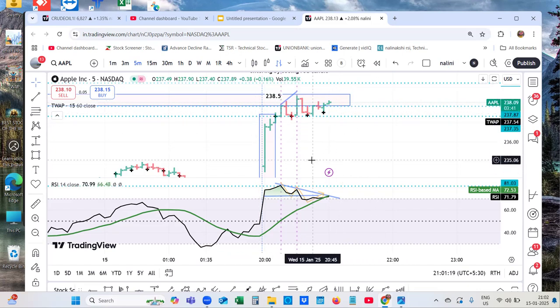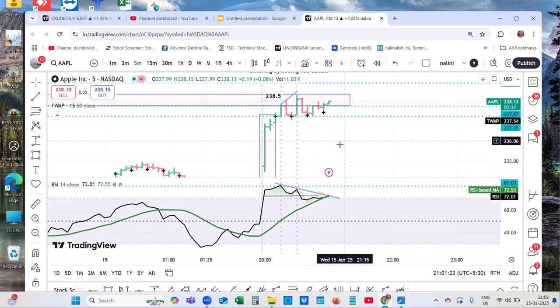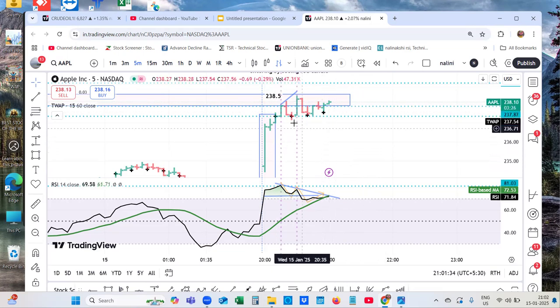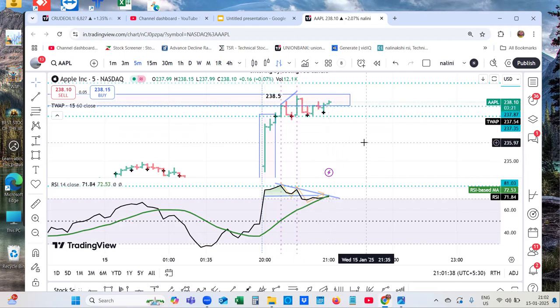I need to record for another... Okay, it is taking time because I have selected this setup. Usually, when it is in overbought or oversold condition, you always need to wait for a minimum of 1, 2, 3, 4, 5, 6, 7, 8, 9 candles. That means 45 minutes is over now.